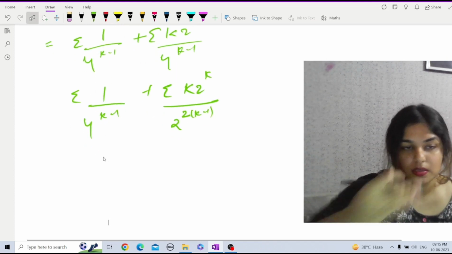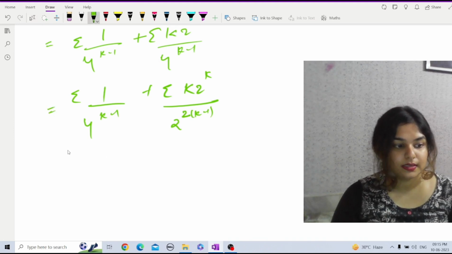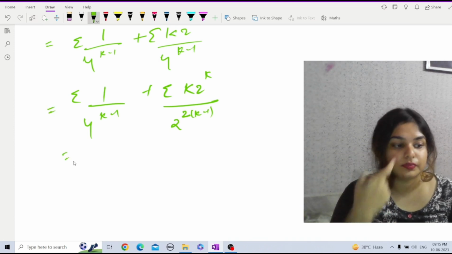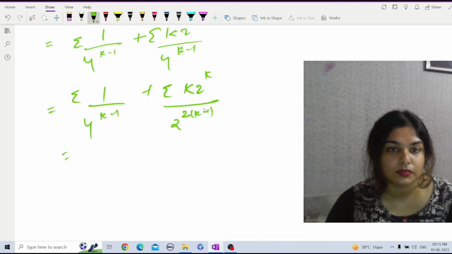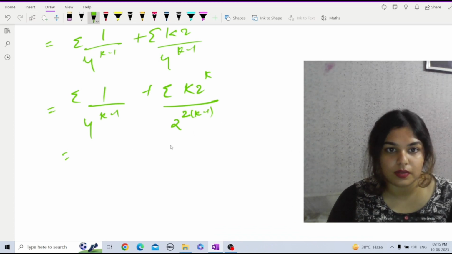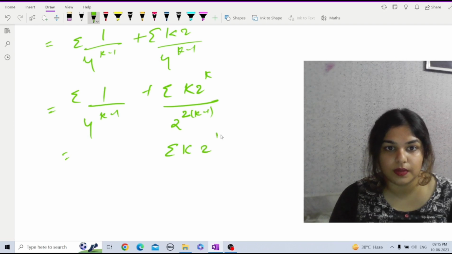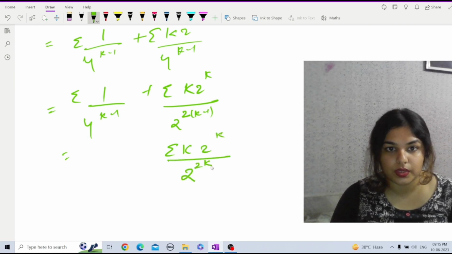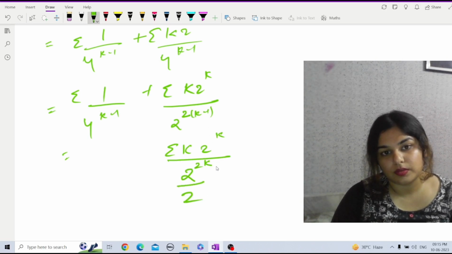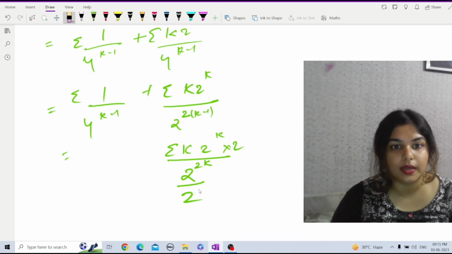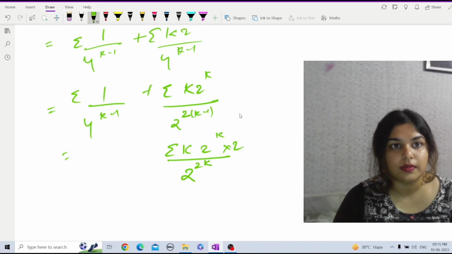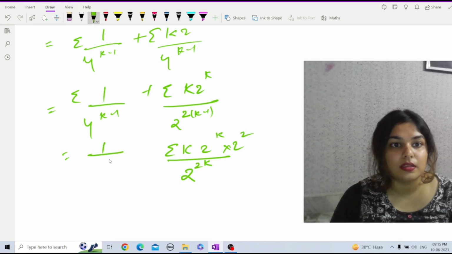Now, if we solve this, what do we get here? First solve this one. The summation of k to the power k by 2 to the power 2k, and the other one is 1 by 4 to the power k minus 1 summation.